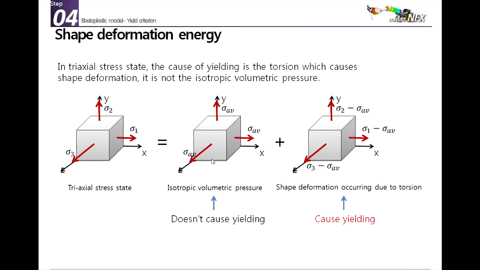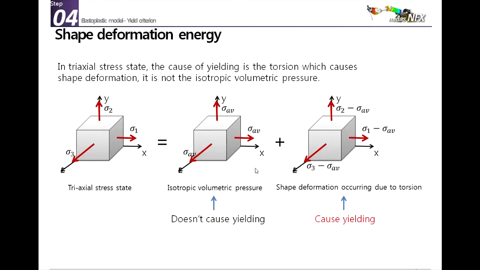So in this state, the stress on all the surface is the same, so on the 3 axes is the same, plus the difference of this one. So you understand easily how you can get such division. So the stress which causes the yielding and the deformation is the second one. So the isotropic volumetric pressure doesn't cause any yielding.